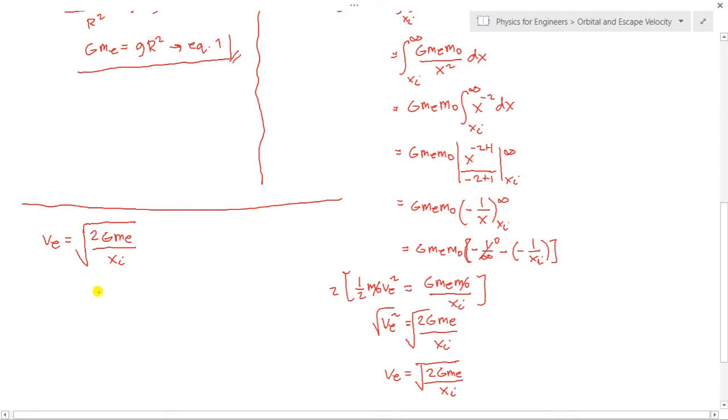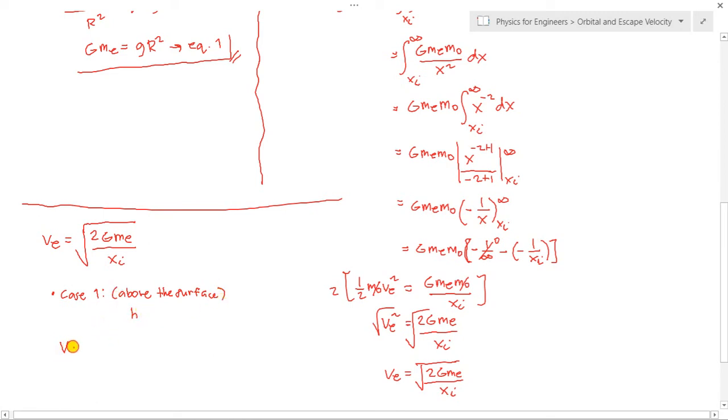So let's say, for case number 1, the rocket is above the surface of the earth. Above the surface, let's say at a height h. So what would be the x sub I?